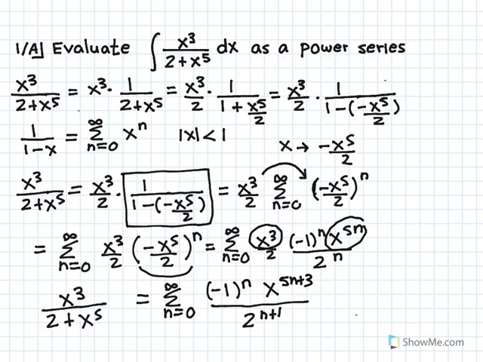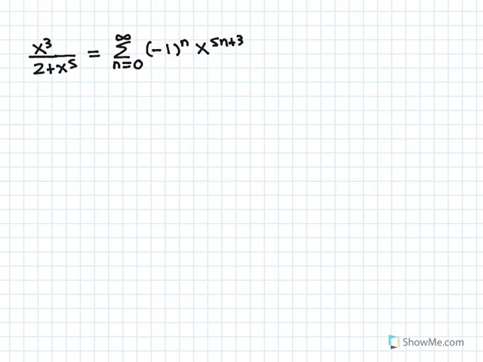So the integrand x cubed divided by 2 plus x to the power of 5 is equal to summation n equals 0 to infinity of minus 1 to the power of n x to the power of 5n plus 3 divided by 2 to the power of n plus 1.